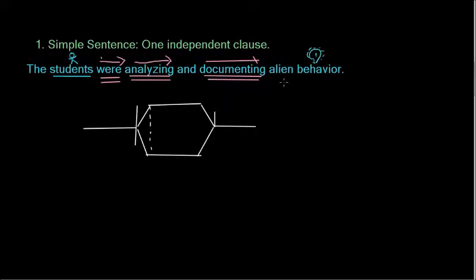Kind of looks like an alien. And now we look for modifiers. In this case, alien is our only modifier, modifying behavior. So it's modifying a noun, concept, must be an adjective. And we look for prepositions, which we have none.